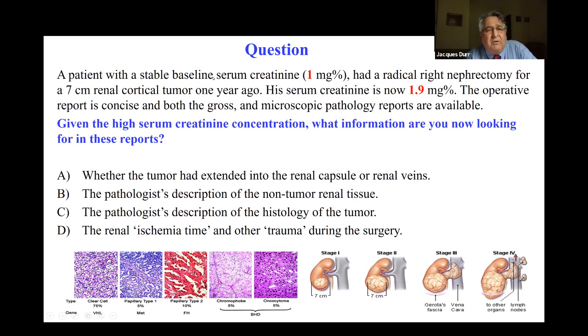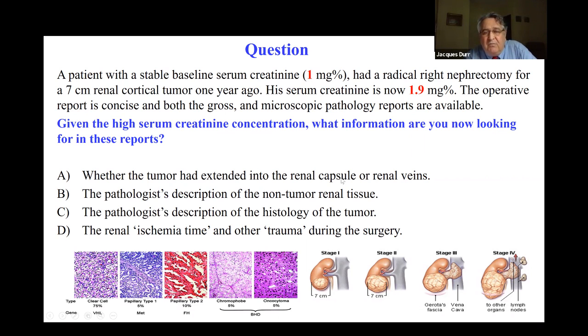The operative report is concise, and both the gross and microscopic, in other words, the type of tumor he had, and we know what stage of the cancer he had, is there. And we have also other information about intraoperative blood pressure, blood loss, and so on. Now, to explain or understand this creatinine of 1.9, what else would you like to know about this patient?